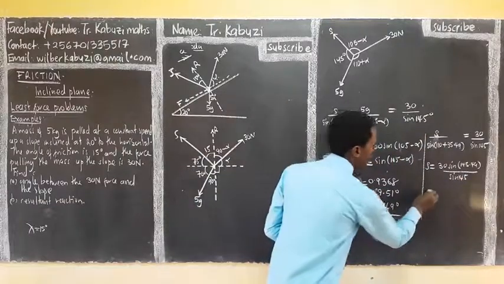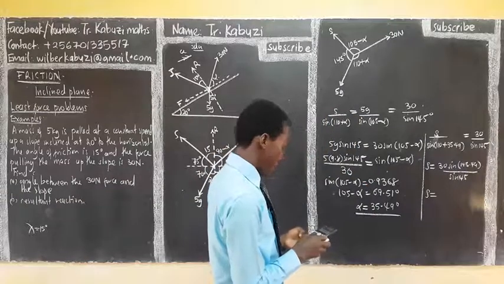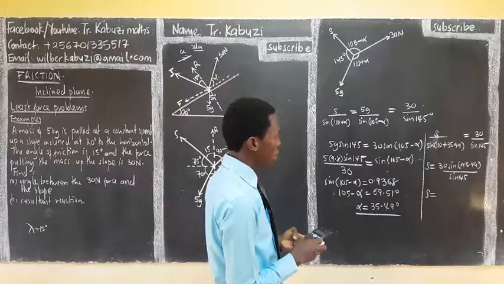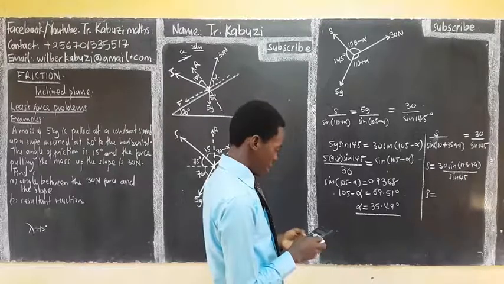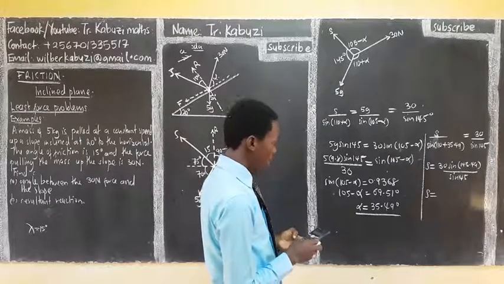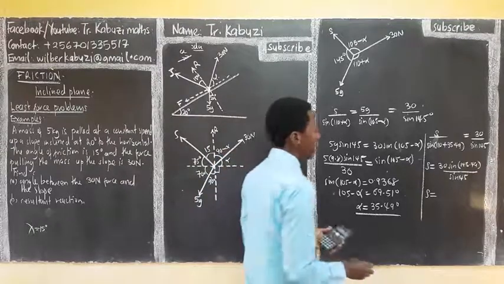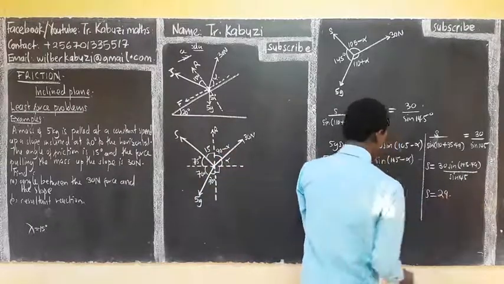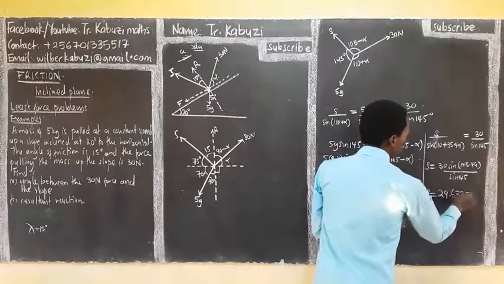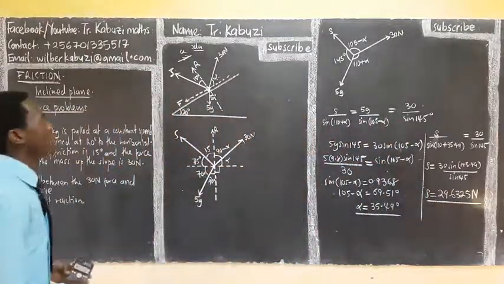And so our S, that resultant force, is going to be 29.632 newtons, and so that's going to be our resultant.